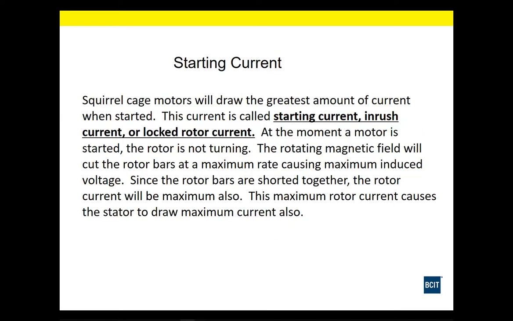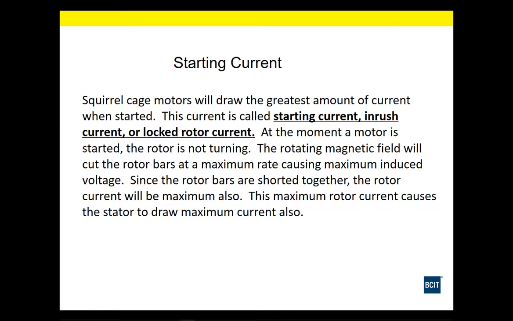Now the starting currents for squirrel cage motors can get quite high. They'll draw the greatest amount of current when started. This is called the starting current, the inrush current, and also the locked rotor current. At the moment a motor is started, the rotor is not turning.